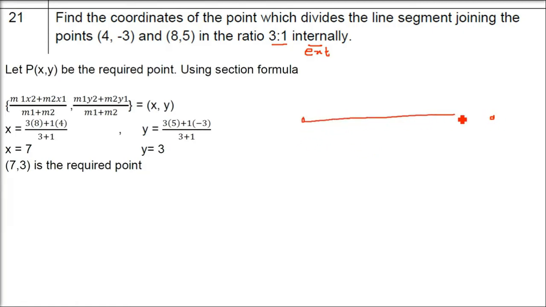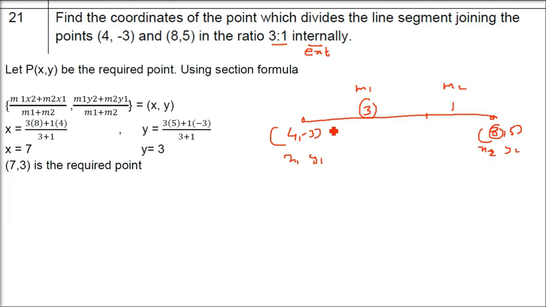So we have 2 points given here, and this is a line, and it is divided 3:1. So 3 parts and 1 part like this. Now this point is (4, -3) and this point is (8, 5). We call the ratio parts M1 and M2, and these are X1, Y1 and X2, Y2.